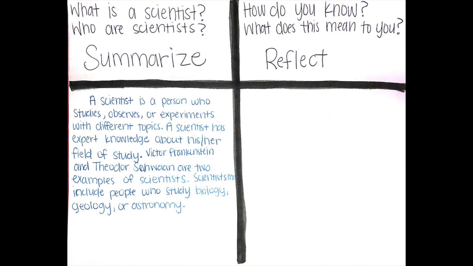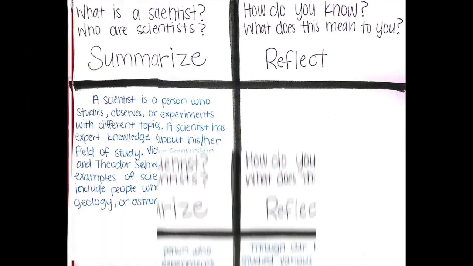Victor Frankenstein and Theodor Schwann are two examples of scientists. Scientists may include people who study biology, geology, or astronomy. Notice how, in my summarization of what or who a scientist is, I am providing factual information. This is all things that can be proven and backed up with evidence.